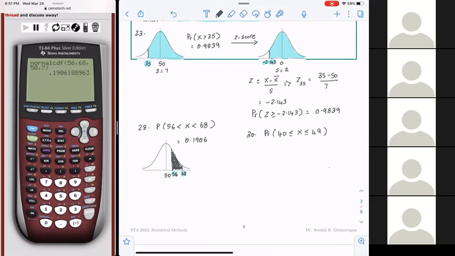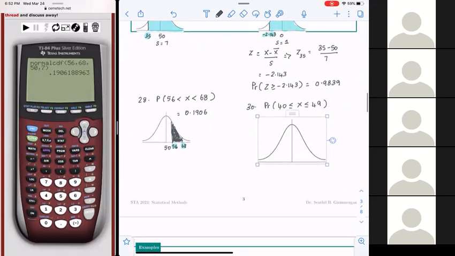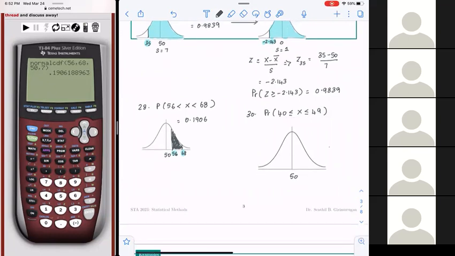Now we have the probability 40 less than or equal to x, less than or equal to 49. So the mean is again 50. And 40 is probably somewhere over here. And 49 is very close to 50.